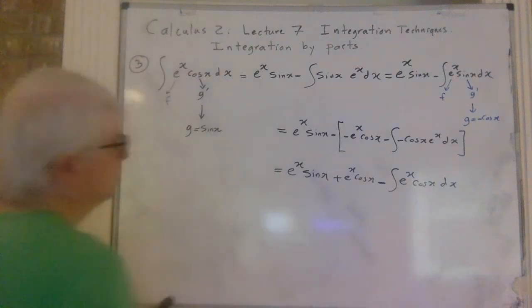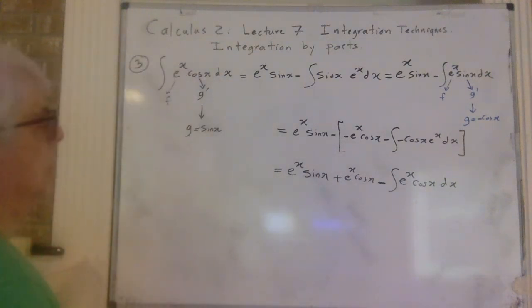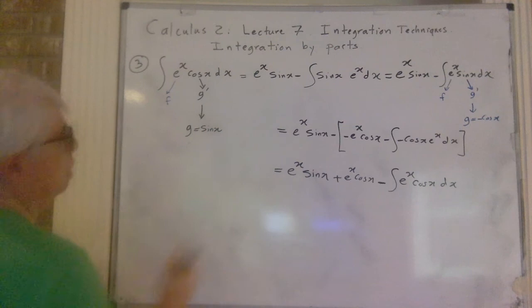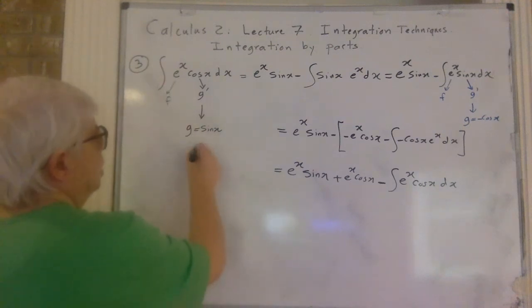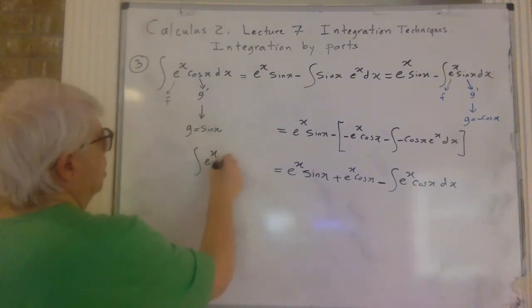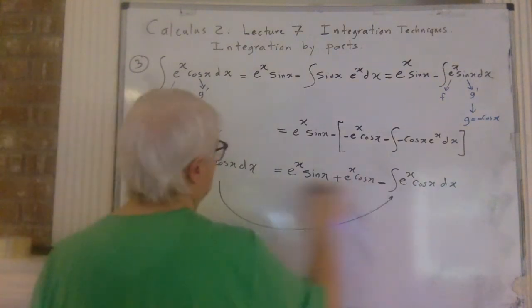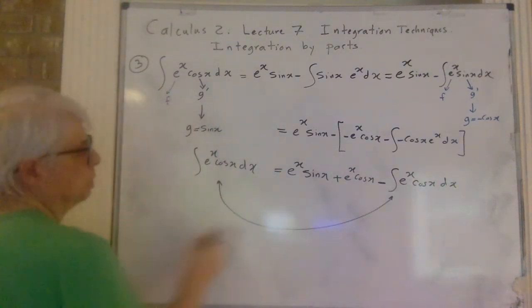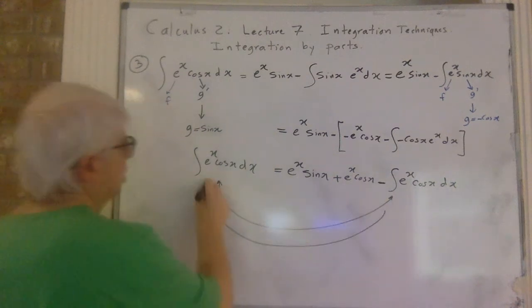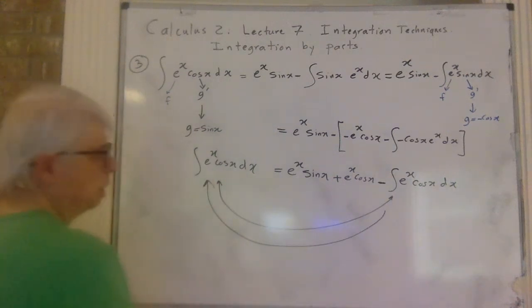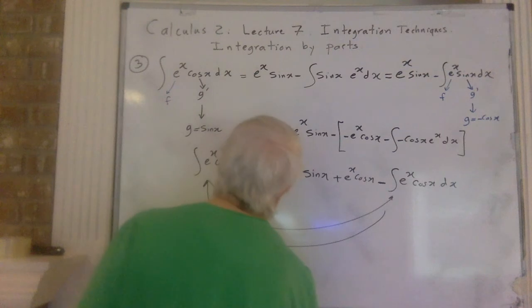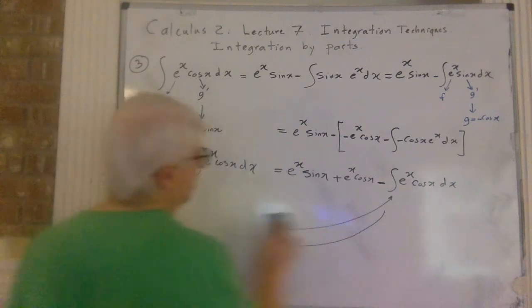Okay? So what is equal to this? I have this integral of e to the power x cosine x dx equals this. Well, I have both of them, so let's solve for this. Bring this here. If I do that, I have this.